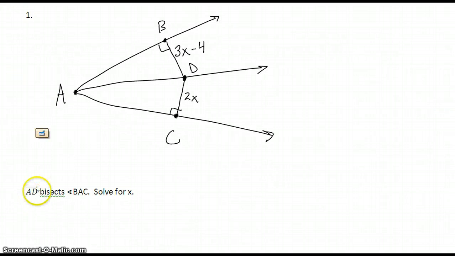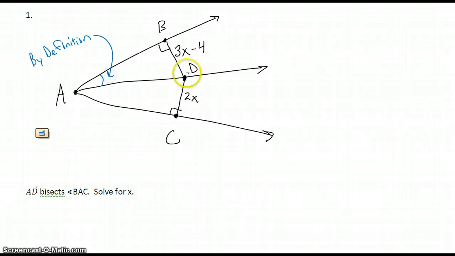In problem number 1, we're given that ray AD bisects angle BAC. So by the definition of an angle bisector, angle BAD is going to be congruent to angle CAD. And point D is on the angle bisector.